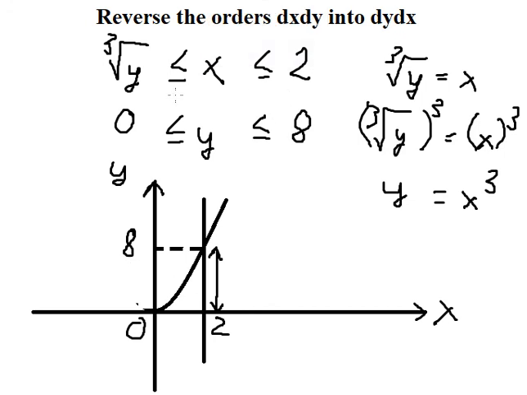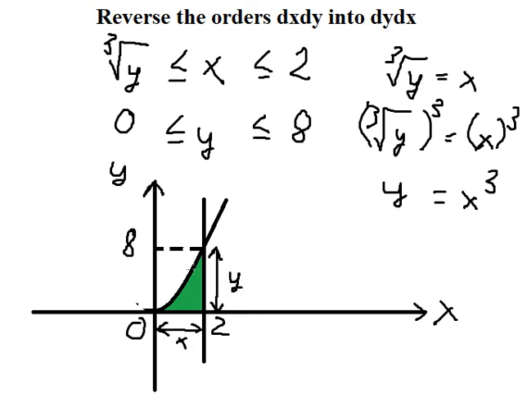So the area we need to concentrate on should be this one, because s goes from this boundary to this boundary. This is for s, this is for y.